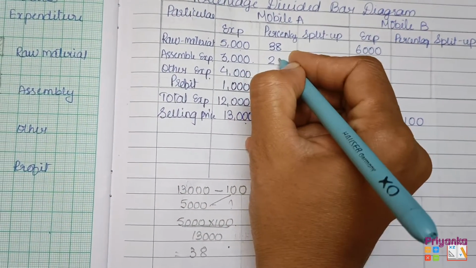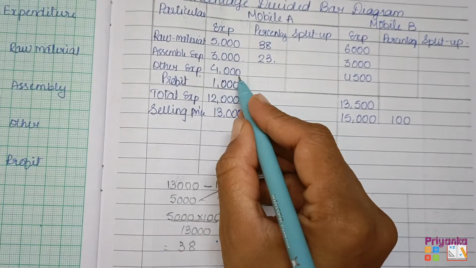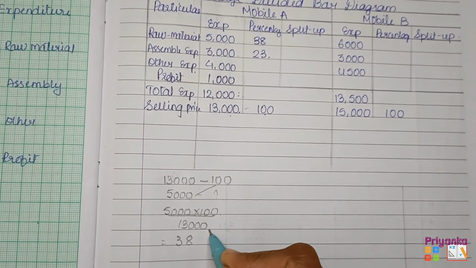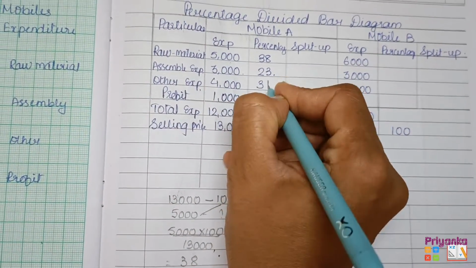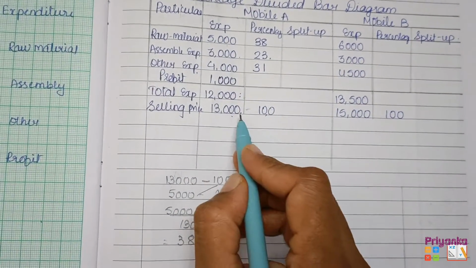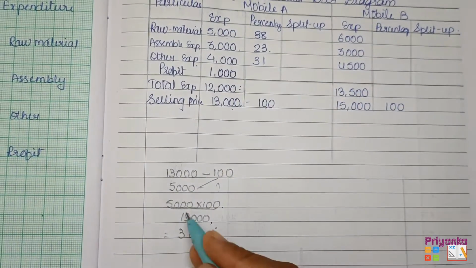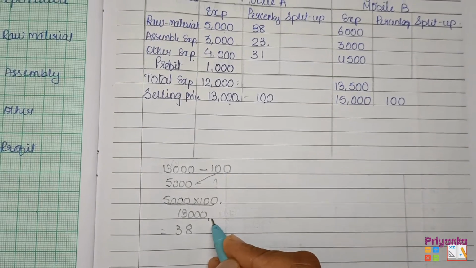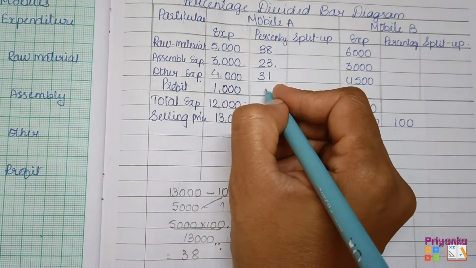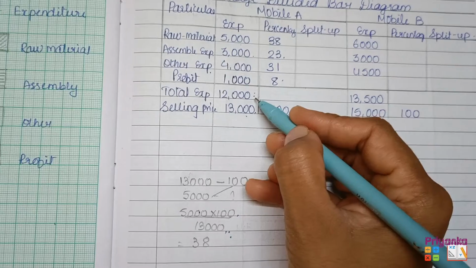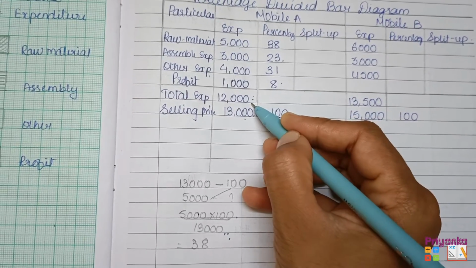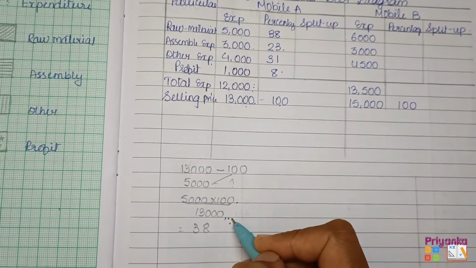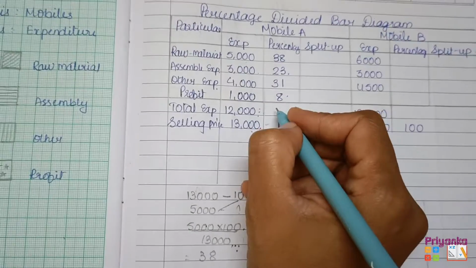So just go with the 23. Same with the 4,000, 4,000 multiplied by 100 divided by 13,000. You'll get 31. Next, 1,000 multiplied by 100 divided by 13,000. You will get the answer 8. In the same way, go with the calculation of 12,000, 12,000 into 100 divided by 13,000, you will get the answer 92.